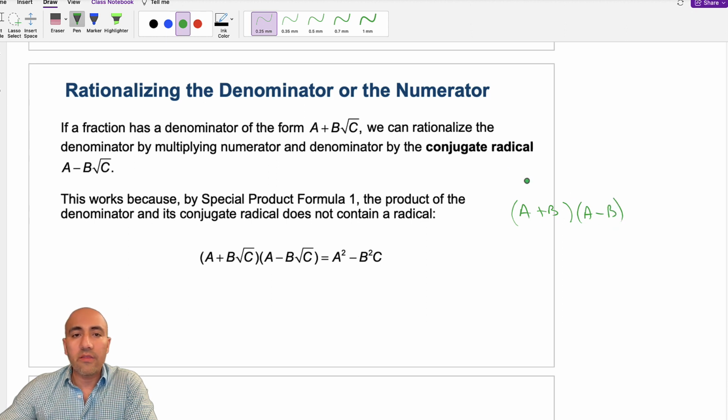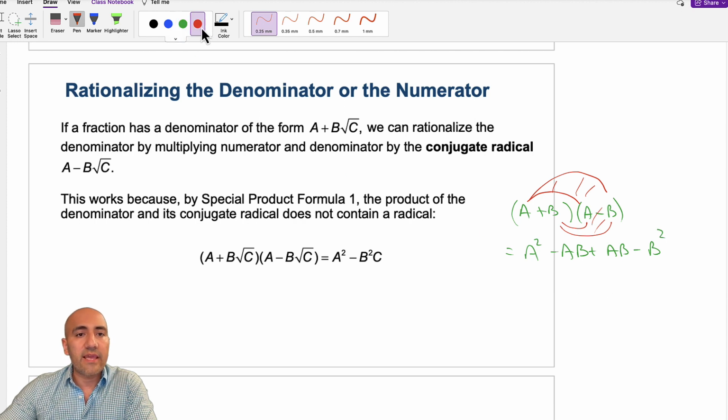And if we FOIL all this out, get our red claw going, this times this, this times this, this times this, this times this, we end up with a squared minus ab plus ab minus b squared. The middle terms cancel, and so we end up with a squared minus b squared.